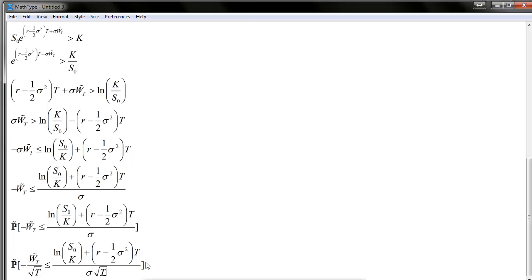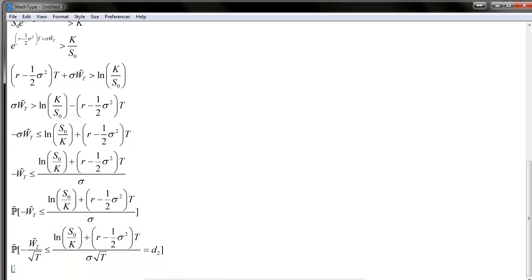So we can substitute this one with the cumulative distribution function of standard normal. Let's name this term d2. So it's equal to N, the cumulative of standard normal of d2, and it was defined as J2.